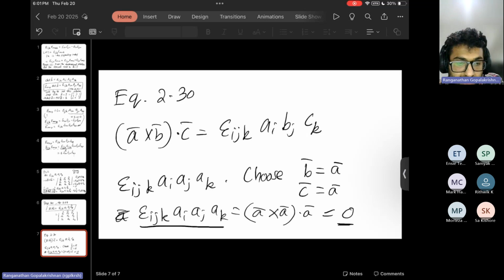Have you tried those? I didn't have a problem with 2.4, but I had a problem with 2.5. Okay, I was going to discuss that. If no one else has any issues with 2.2, 2.3, and 2.4, we can move to 2.5.